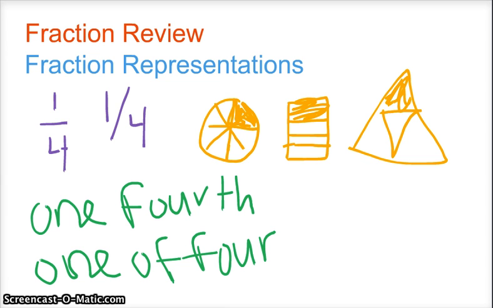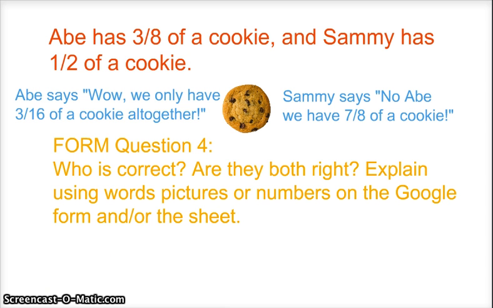Now, after we've reviewed some key ideas about fractions, we're going to move on to our first question. Abe has 3/8 of a cookie, and Sammy has 1/2 of a cookie. Abe says, "Wow, we only have 3/16 of a cookie altogether." Sammy says, "No, Abe, we have 7/8 of a cookie."